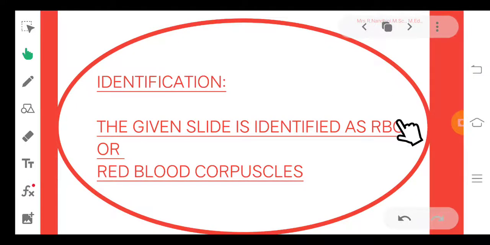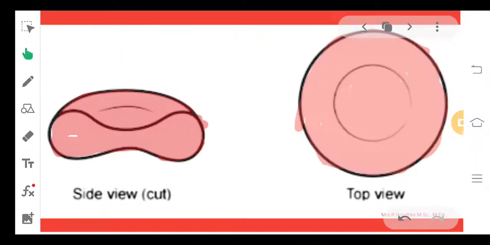Next, how to identify the slide. We identify the slide and write the identification like: the given slide is identified as RBC or red blood corpuscles. This is the diagrammatic view of RBC.